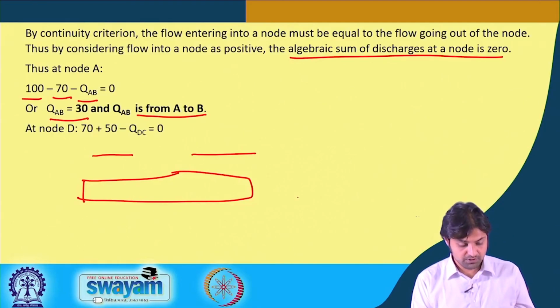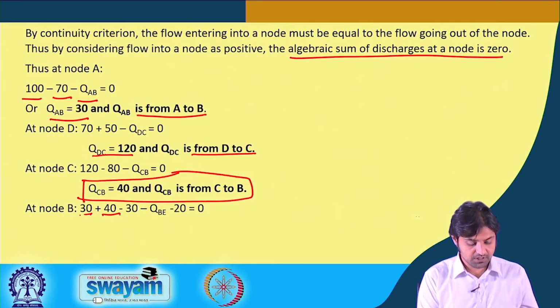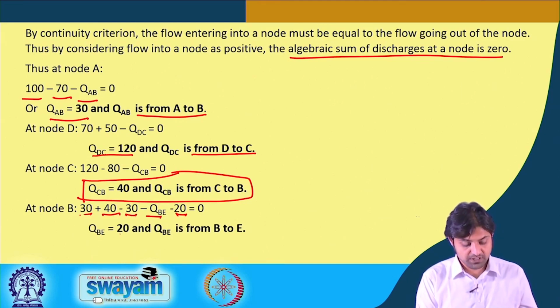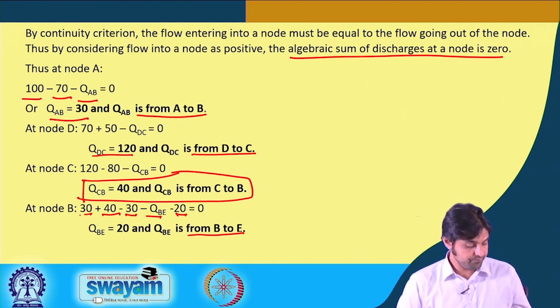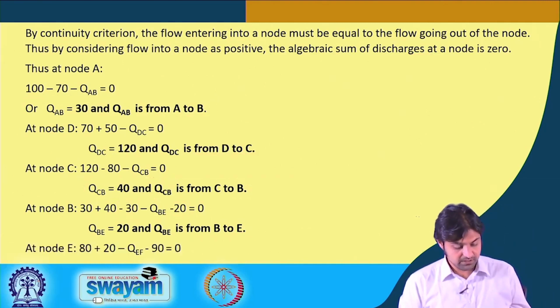So for node B, 30 plus 40 minus 30 minus QBE minus 20, and this is going to give QBE as 20, but direction is from B to E. Okay, let me just erase all the ink.